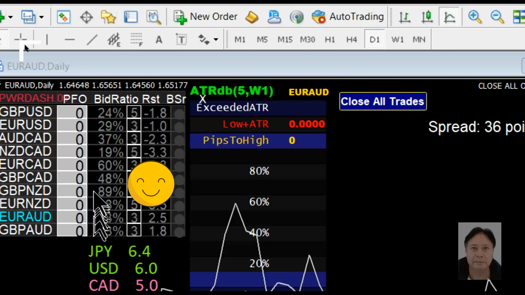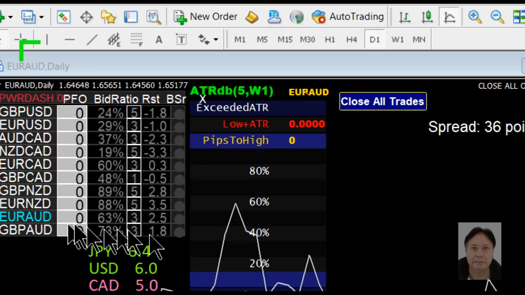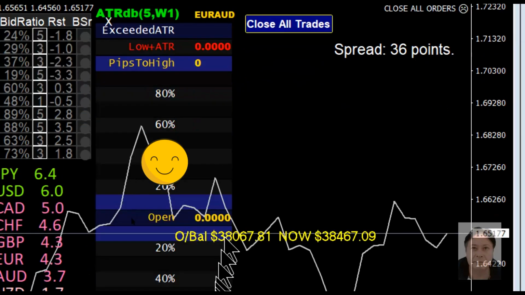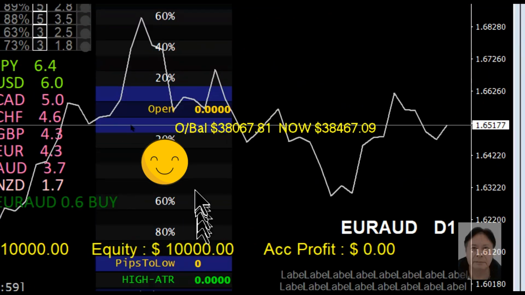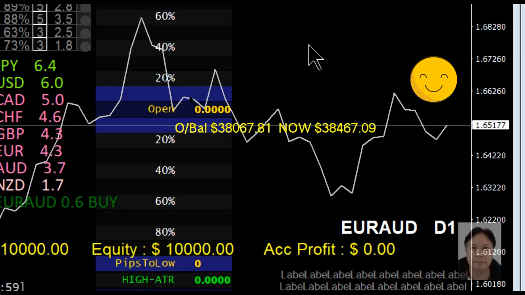Importantly, I need to see what the percentages are over here, and also this chart here to tell me what the open price is and whether the current price line is above or below it. So all these things have got to match.